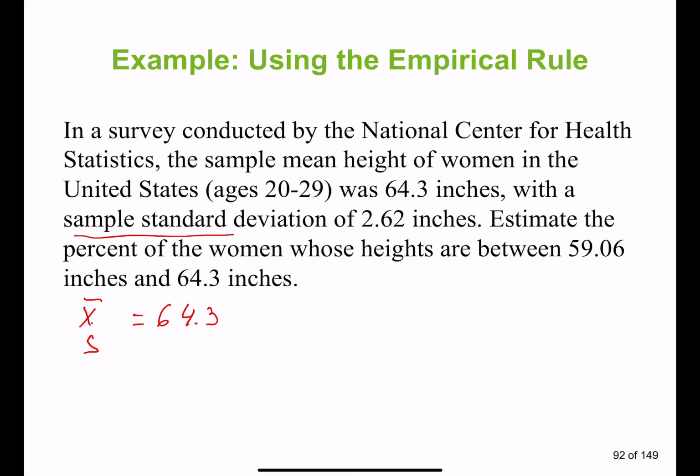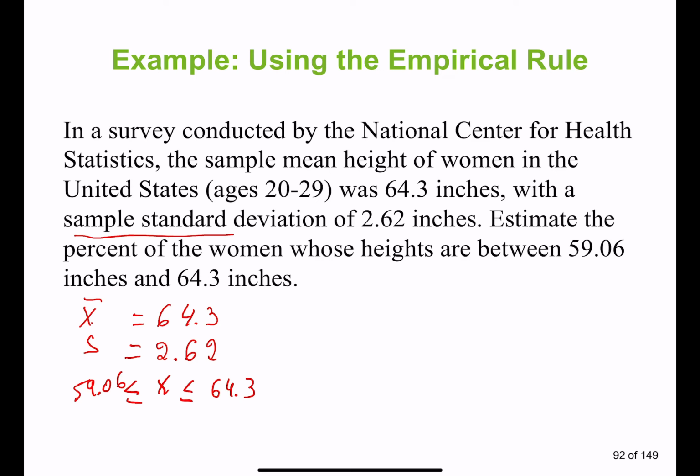The sample standard deviation is 2.62 inches. Estimate the percent of the women whose heights are between 59.06 inches and 64.3 inches. So we need to find the height of women that are between 59.06 and 64.3.